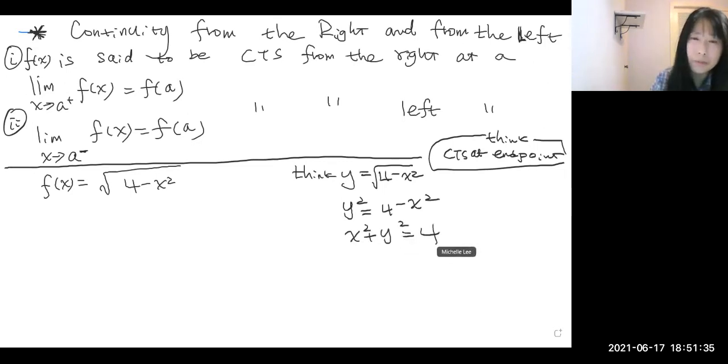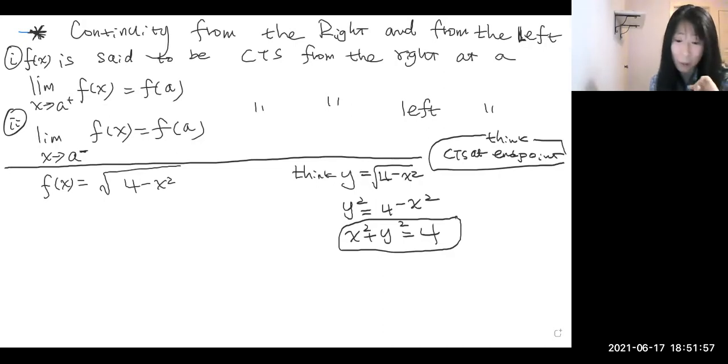What do you get from this one? What is this? x squared plus y squared equal to 4.